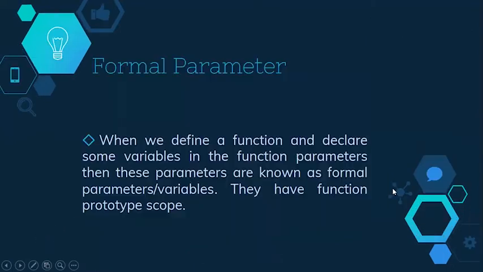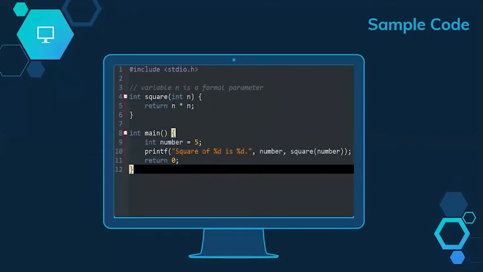Next one, the formal parameter. When we define a function and declare some variables in the function parameters, then these parameters are known as formal parameters or variables. They have function prototype scope. So again, let's look at this code. Here in this code, we have defined a function square to calculate the square of a number.